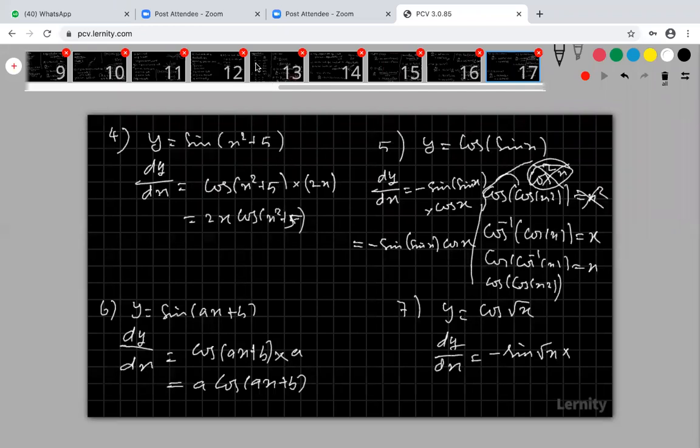Yeah, 1 by 2 root x, correct. So therefore minus sine root x divided by 2 root x. Okay, so this is the differentiation for the last problem. Okay, right.